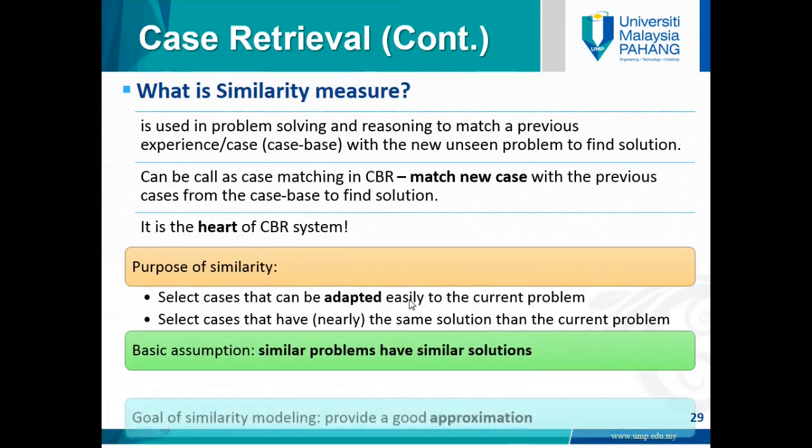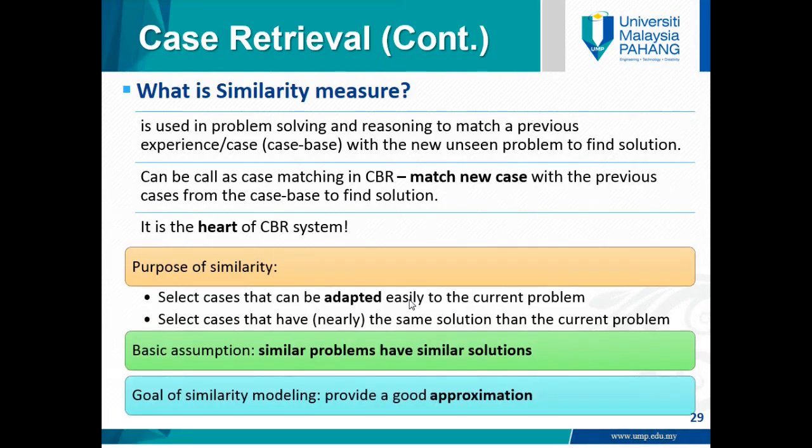Here, my dear mates, you have to know that we have an assumption in CBR that similar problems have similar solutions. So the main goal of similarity modeling is to provide a good approximation.